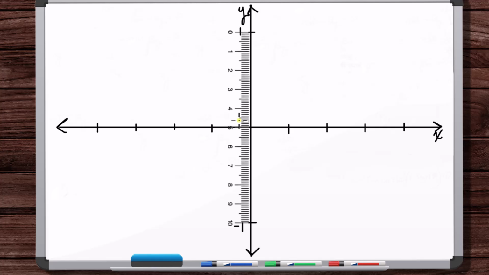Halfway is 0.5, and then 0.25, and each tick is 1/4.